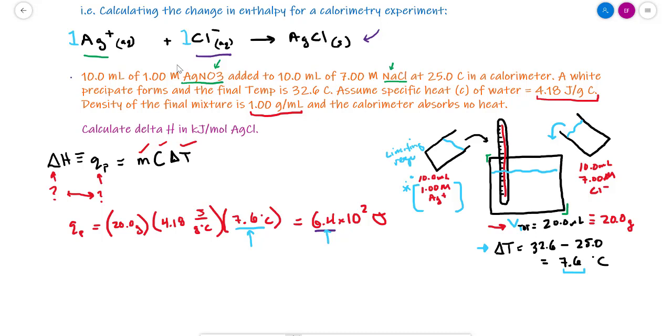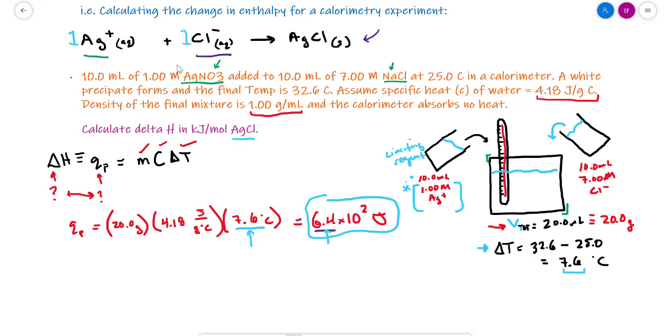I did that sort of by eye, but you could just do this in the normal way that you know how, which is to compute the yield of silver chloride for both scenarios as limiting reactant and figure out which one has the least. So let's use the 10 mils of 1 molar silver to compute how much silver chloride was produced in this reaction, knowing that this heat was liberated during this reaction.